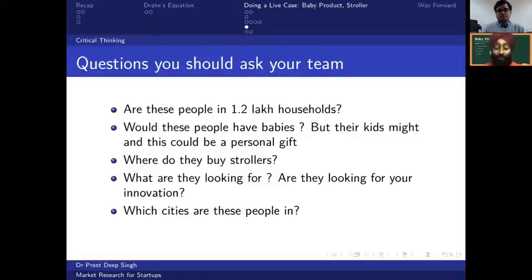So you know that there are 1.2 lakh individuals who are earning this money. Where are these people? Now, I can tell you top of my mind, without any research, I think a lot of these people are probably staying in metros.